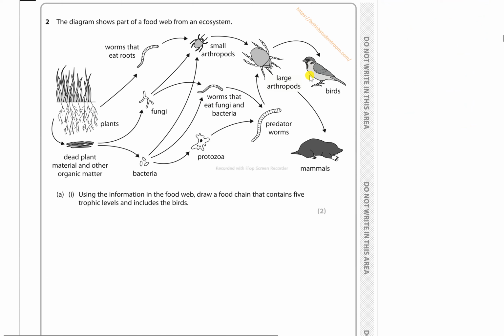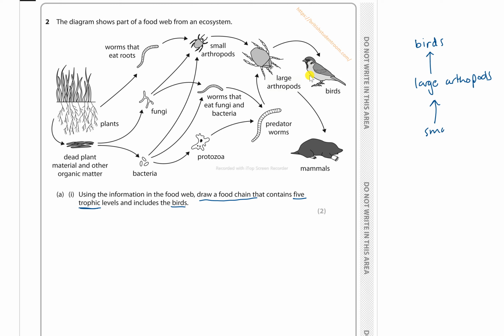Right. We need to draw a food chain of 5 energy trophic levels, including birds. What I would do is start with birds, and then what gets eaten by birds is the large arthropods. And have you noticed the arrows are pointing to the one that's eating it?